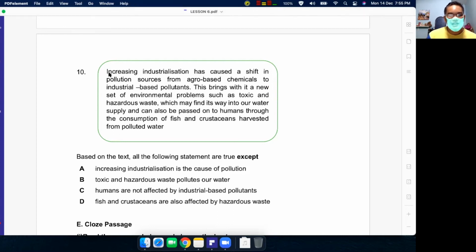Look at the statement. Increasing industrialization. Maybe you see the more factories that we have, the less agro-based land use. So with it, it brings another type of pollution. See, toxic and hazardous waste. It will seep into the water.